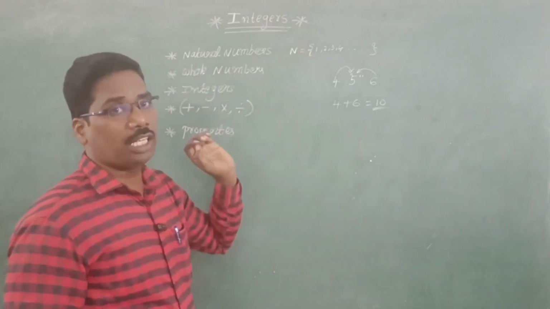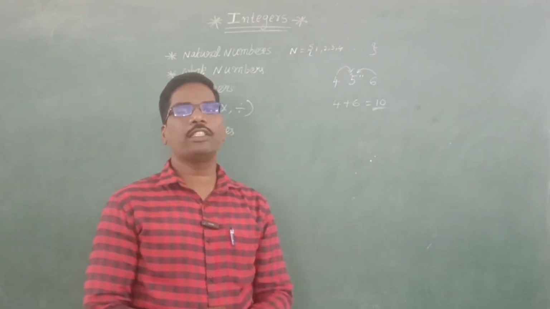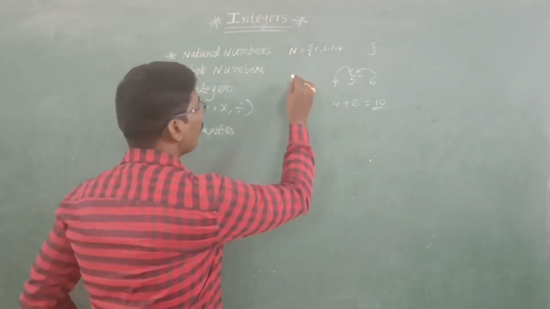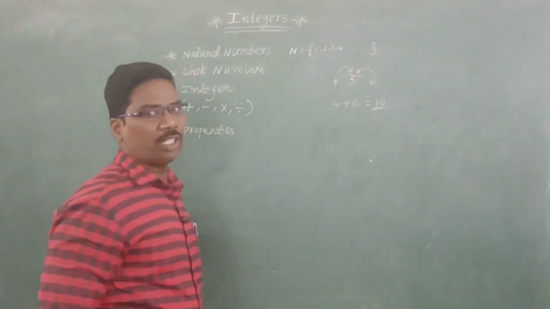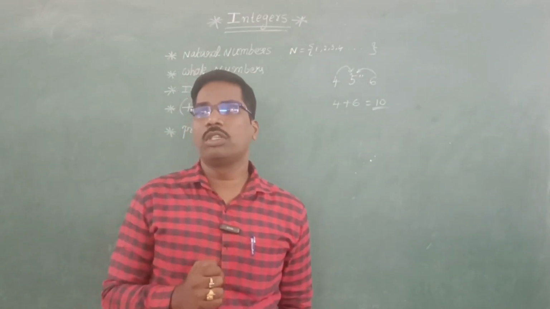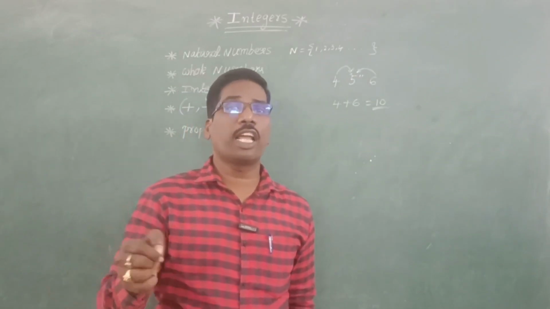In the natural numbers, the least number is 1 and the highest number is infinite. In the natural numbers, something is missing, and that is 0.